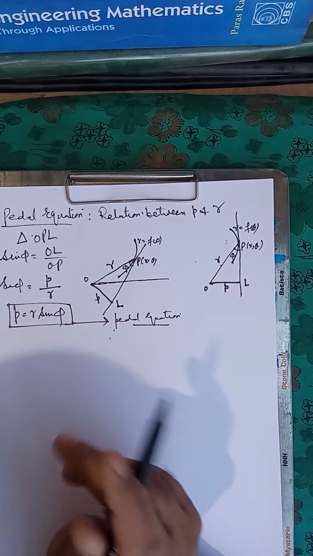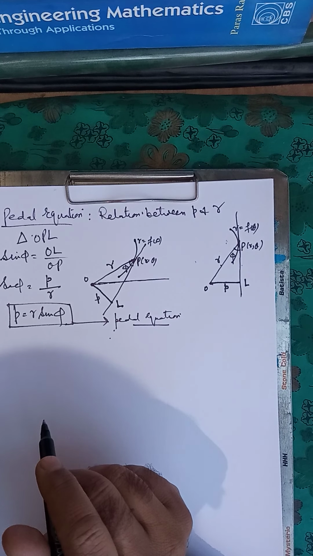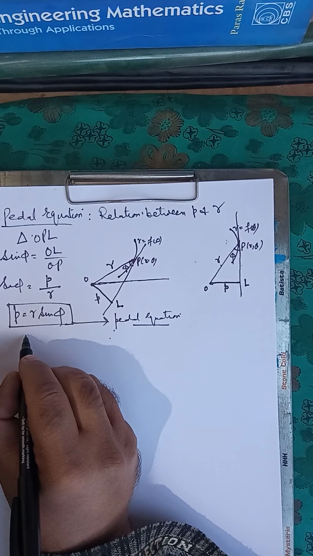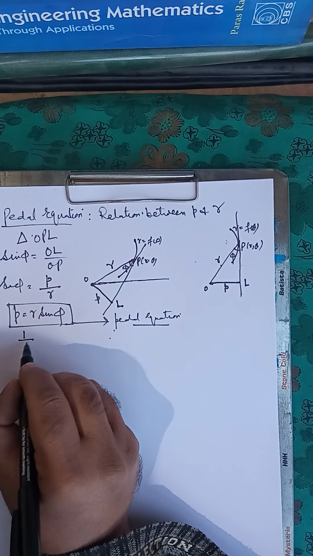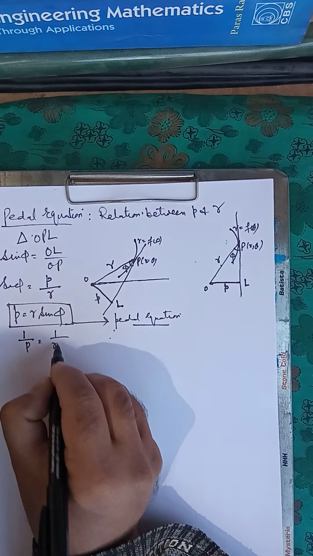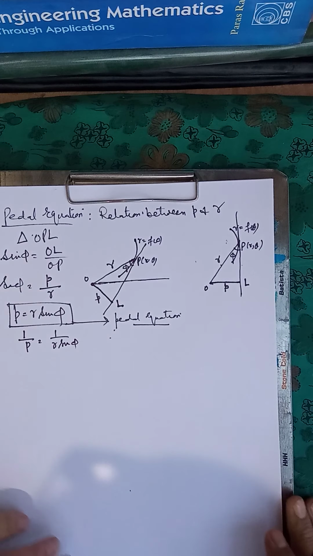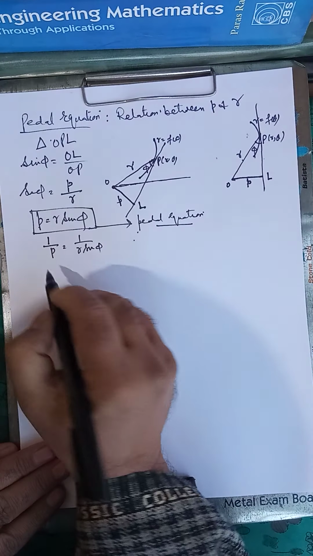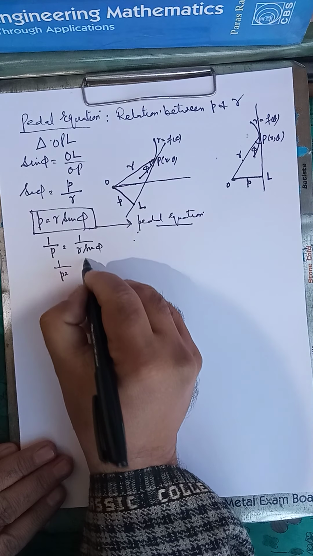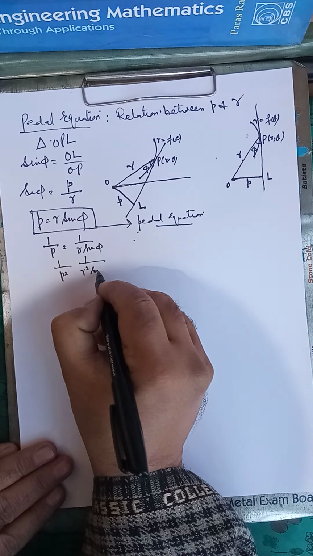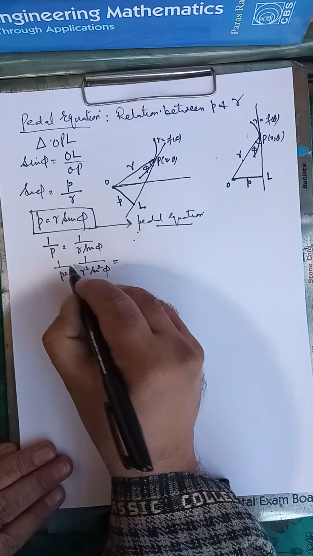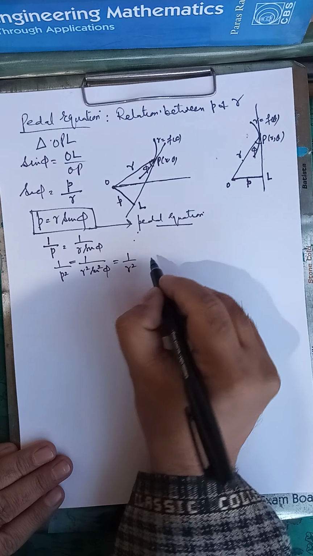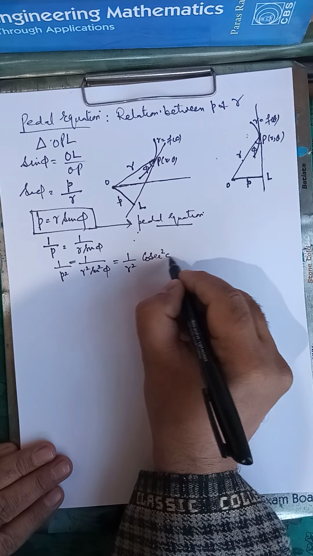We can also write it as 1 upon p equal to 1 upon r sine phi, or 1 upon p square is 1 upon r square sine square phi, or this is 1 upon r square cosecant square phi.